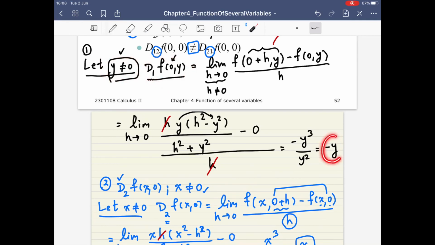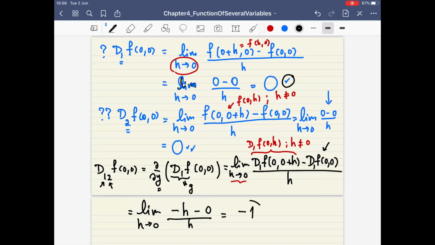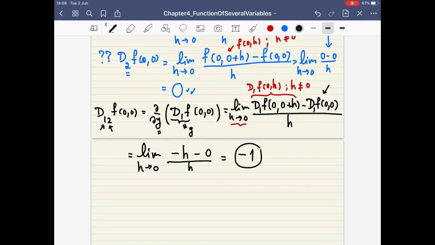But in this context you just have d1f of 0h. So you are going to have negative h instead, minus d1f at 0 0, which is already here, 0 over h. So the h and the h cancel, and you end up with a limit of negative 1, which is negative 1. So this one is your d12 f at 0 0.